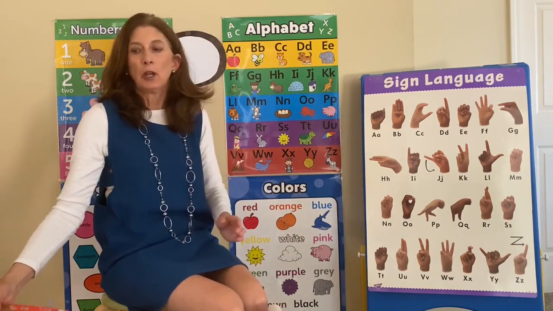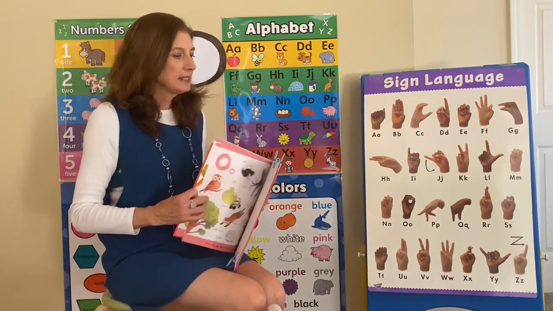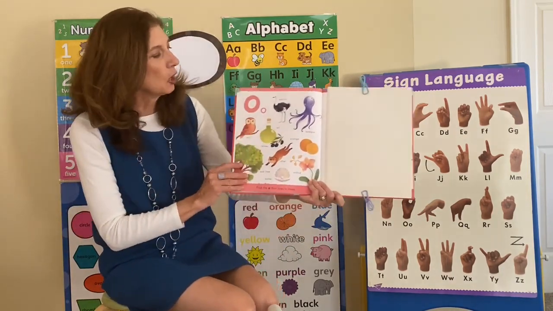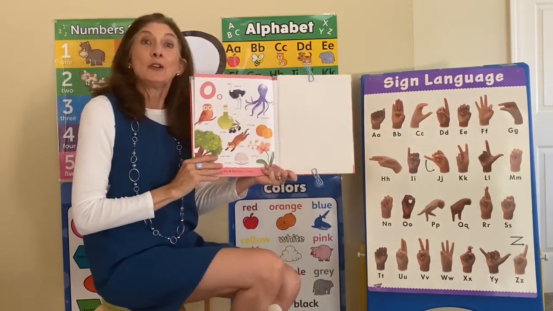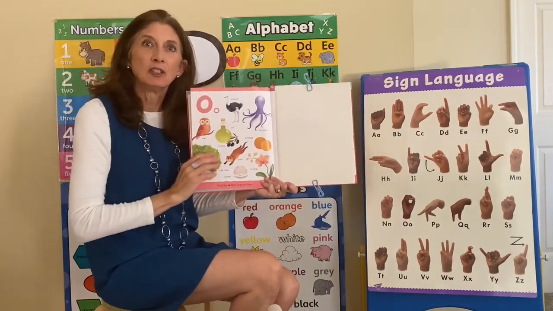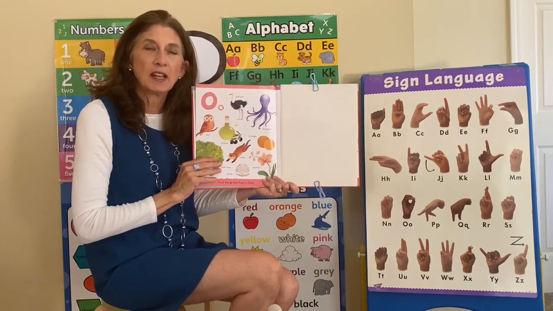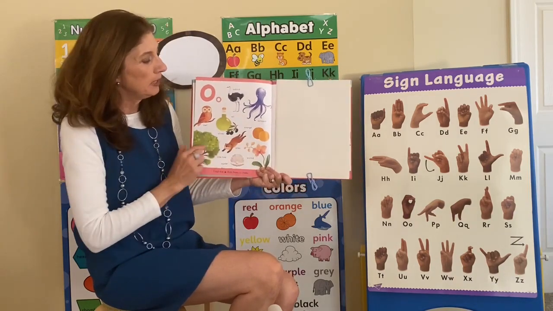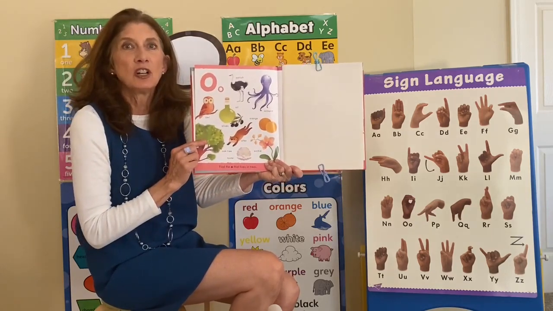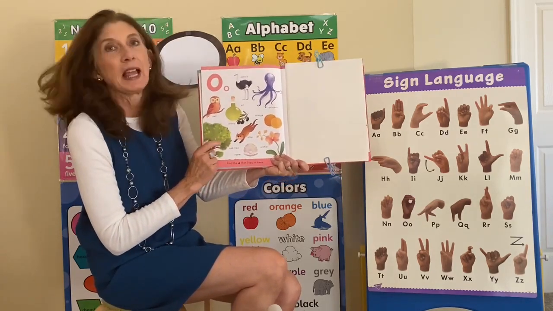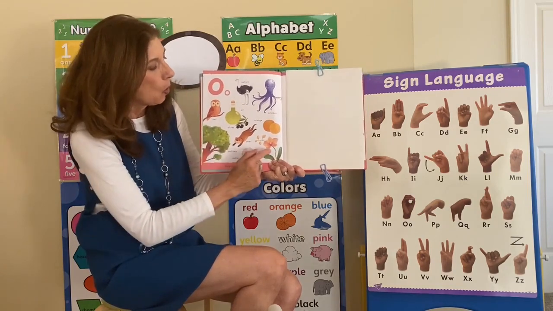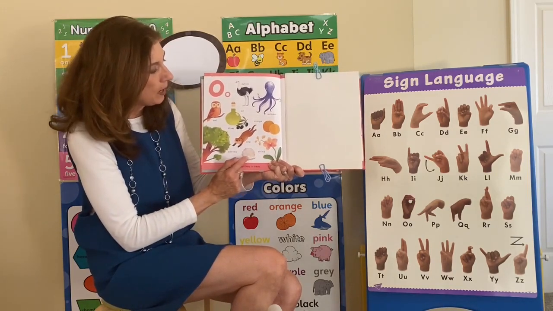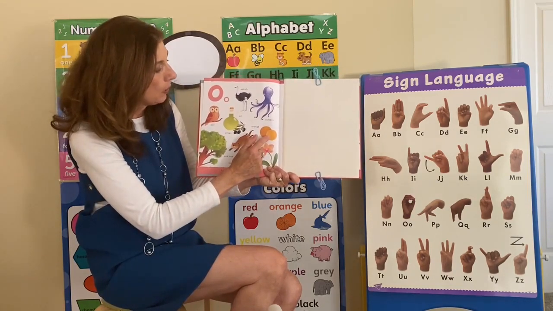Let's look in our book of ABCs and see things that start with the letter O. The letter O has two sounds. It has a long sound of O and a short sound of ah, and we're going to study the short sound of ah. But there are some pictures here that have the long O sound of O, like oak tree, orchid, oyster, orange.